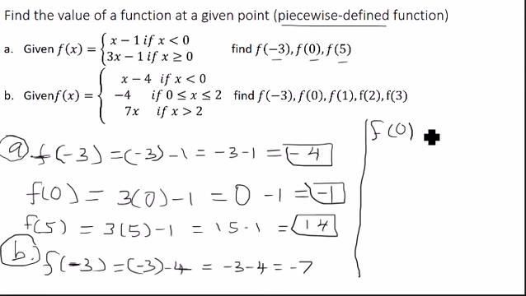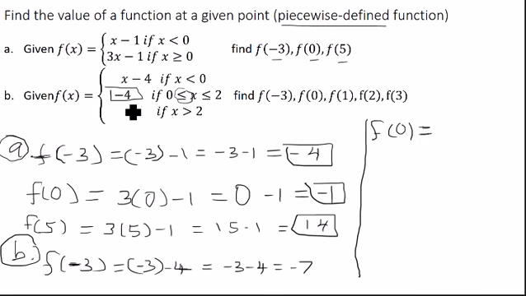Then we're going to look at the value of this function at 0. For 0, we have to go to the second branch because 0 is included here because of the equality sign. So we're going to replace x by 0 in the second branch. Now, the second branch does not have any x. It's a constant.